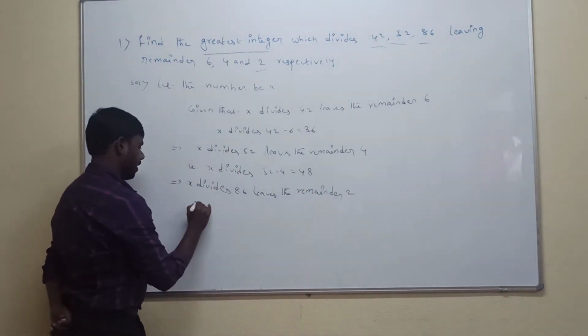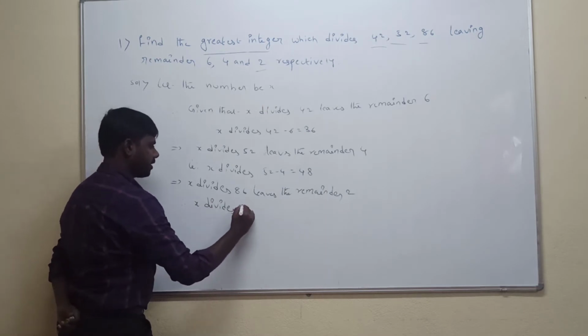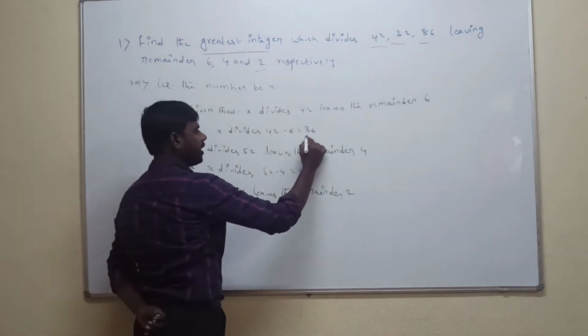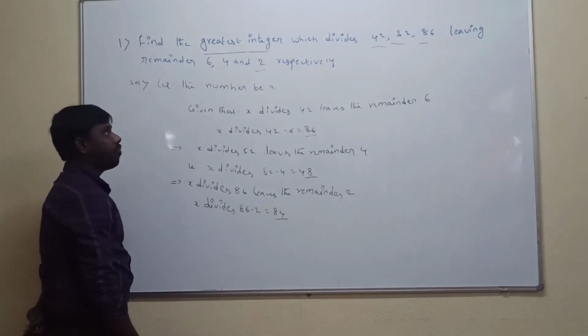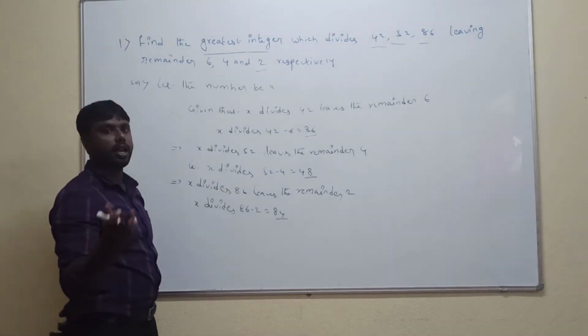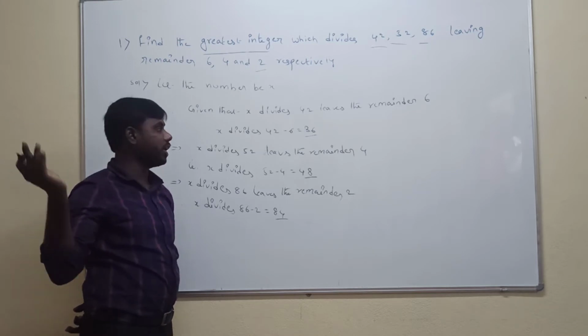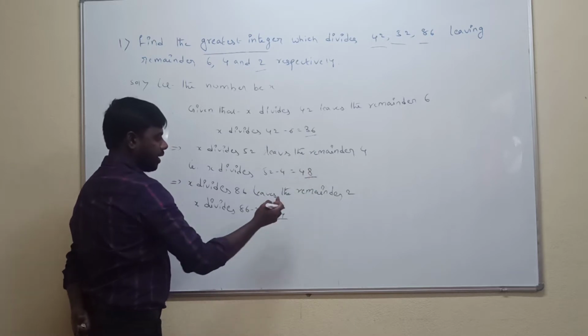Therefore x divides 86 minus 2, which is 84. So what numbers are we getting? 36, 48, 84. They are asking to find the greatest integer, which is the HCF. One more name is greatest common divisor. That's why we calculate the HCF of 36, 48, 84.